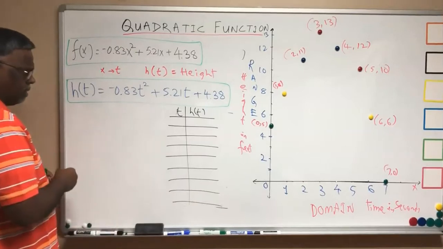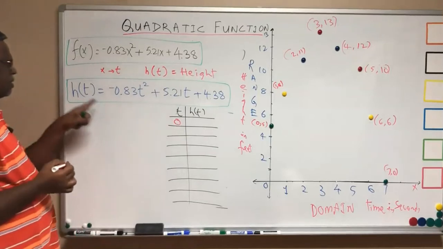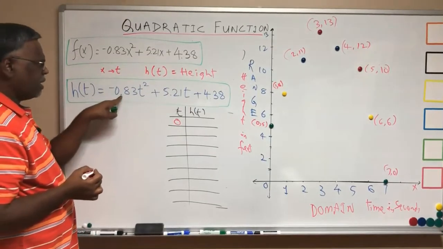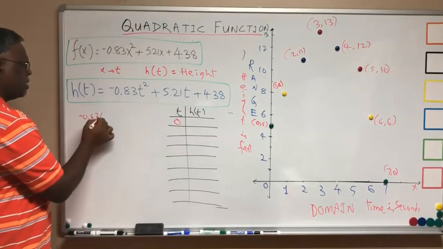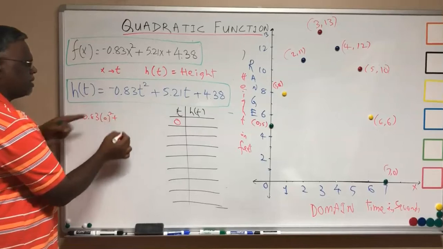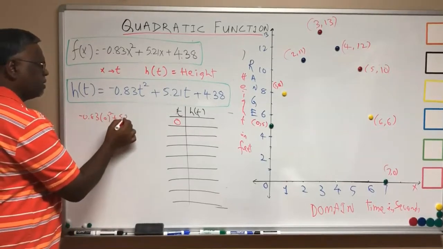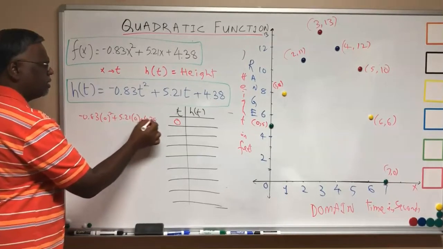So if I have 0, this t becomes 0. So 0 square, negative 0.83 times 0 square plus 5.21 times 0 plus 4.38.